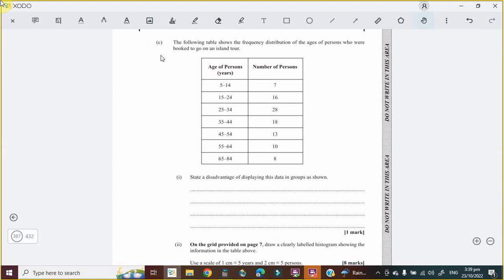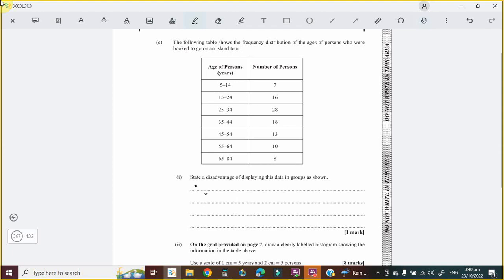Remember it says A. There are many disadvantages with continuous group data. What's one disadvantage with group data? Hence, the data is not displayed in detail.